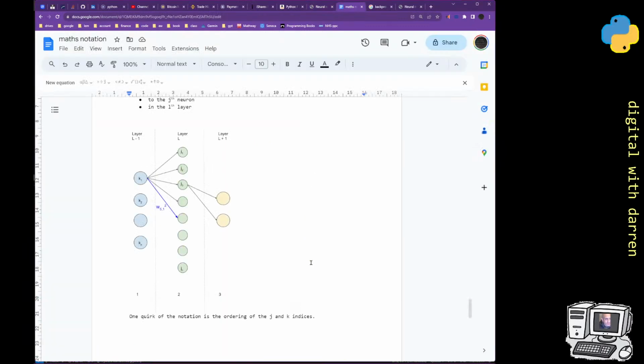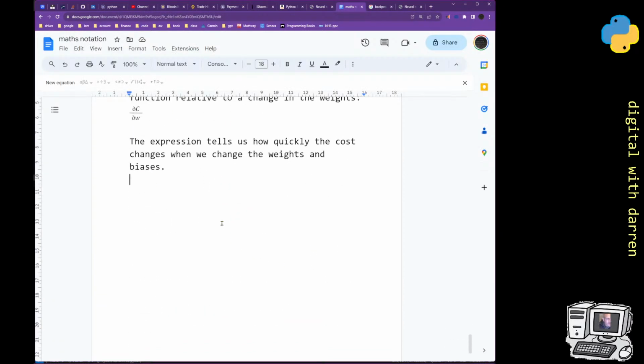Down here we use similar notation for the biases, right? B, right?